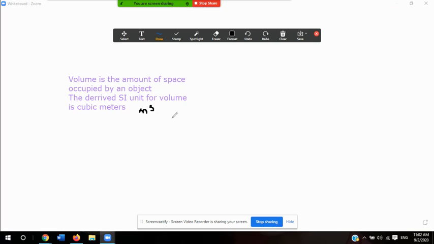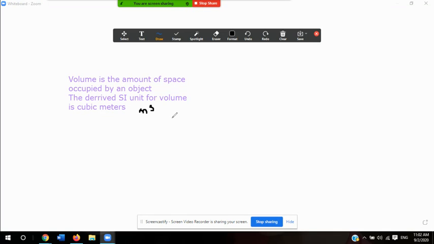Okay, so that's the derived SI unit for volume. It says 1 cubic meter is equal to the volume of a cube whose edges are 1 meter long.